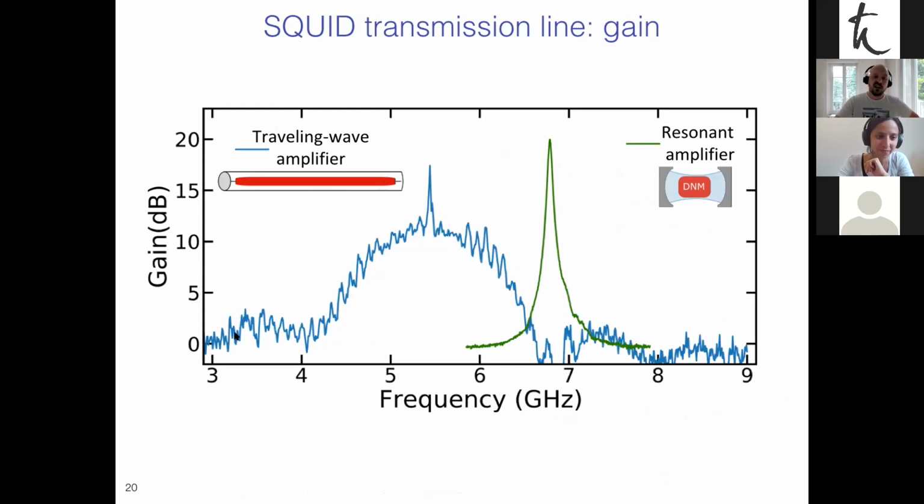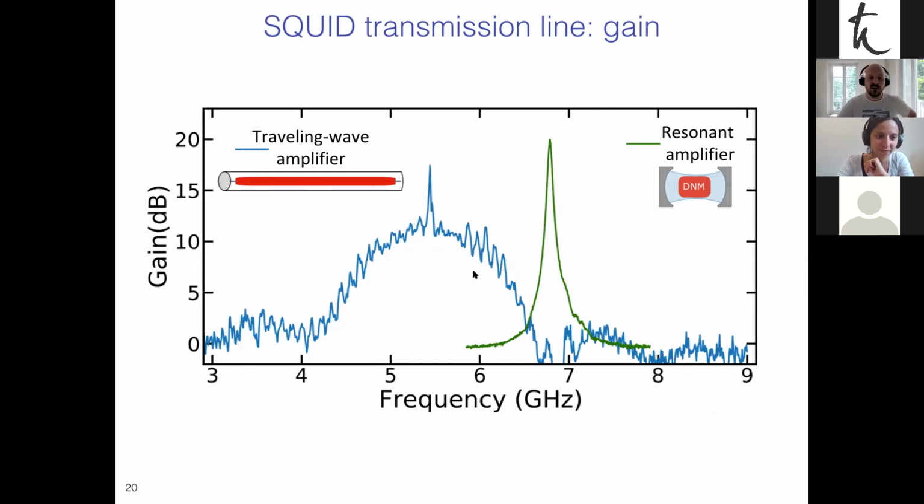You see a nice gain profile in the case of the traveling wave amplifier. And you see also a nice gain profile for the resonant amplifier case, but it's much narrower band. So I think this figure illustrates quite nicely the advantage of getting rid of a cavity.